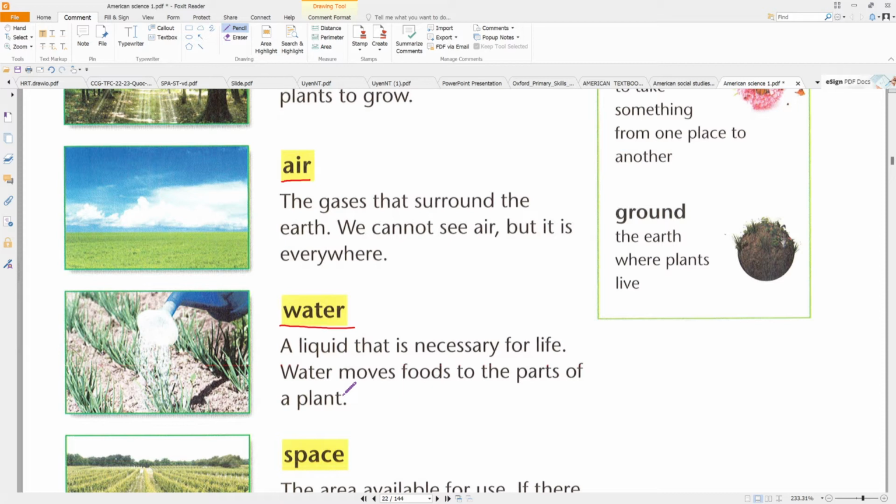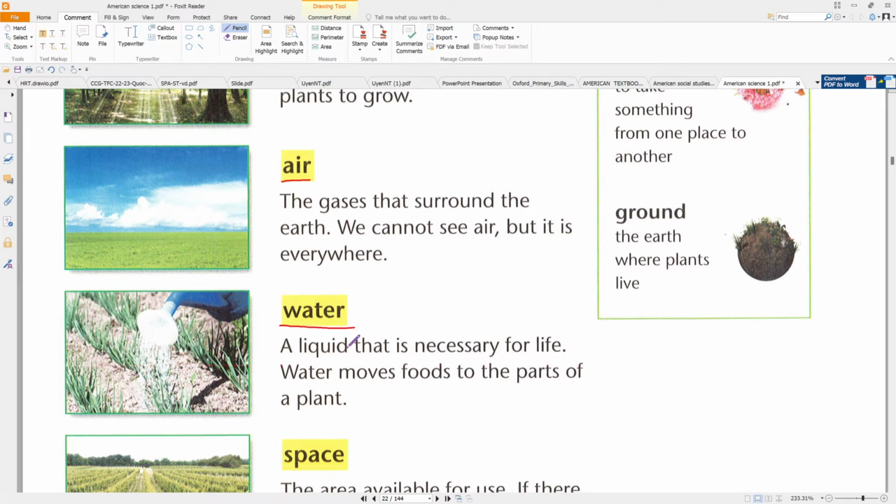For example, on a hot sunny day, the sunlight is shining bright, but you have no water, you will be very thirsty and you will not have the energy to go play or run in the park anymore. So, water is very necessary for our life and for the plants' life too, because plants need water.